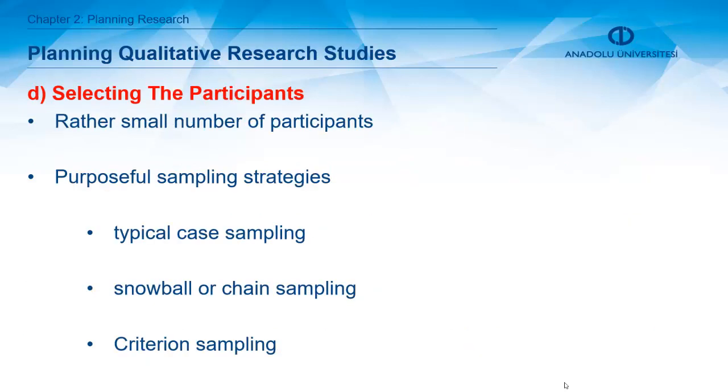After deciding on the research design, then it's time to select the participants. But compared to quantitative research, in qualitative research we have a rather small number of participants, and they are usually selected through purposeful sampling strategies, such as typical case sampling, snowball or chain sampling, or criterion sampling, in which you define some criteria and you choose your participants based on these criteria.